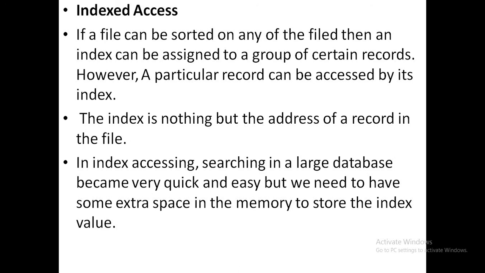So in index accessing, searching in a large database becomes very quick and easy, but we need some extra space in the memory to store the index. As I have told you, in our book, if we want to access a particular topic, rather than searching page by page, we go through the index or the contents, and then we can easily get the address of that topic.